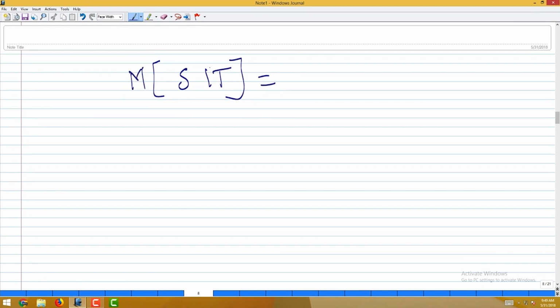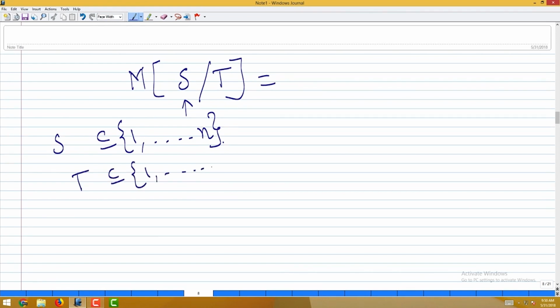We said this notation to mean that I look at the submatrix of M having rows from this set S, right, and columns from this set T. So what are these S and T? S and T are subsets of the row numbers 1 to n, or in fact if it is not a square matrix, then I can just talk about a general submatrix, right. So far I did not say anything.